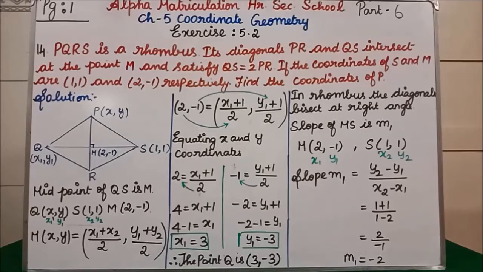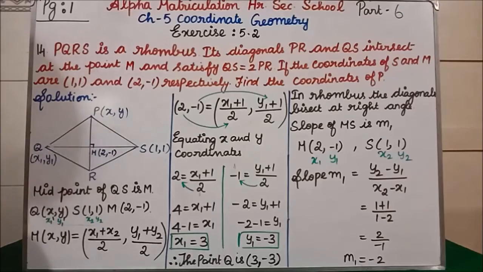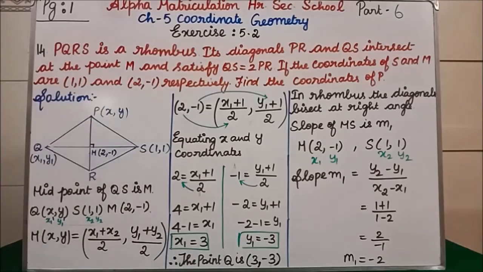Clear students? Now the next concept we are entering: in a rhombus the diagonals bisect at right angle. Right angle means obviously MS and PM are perpendicular. How can we write the perpendicular formula for slopes?